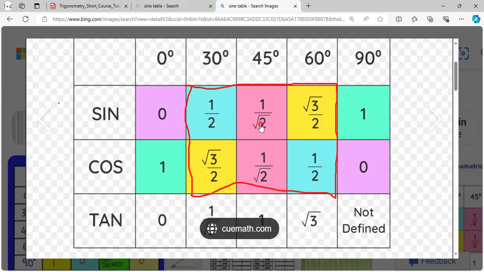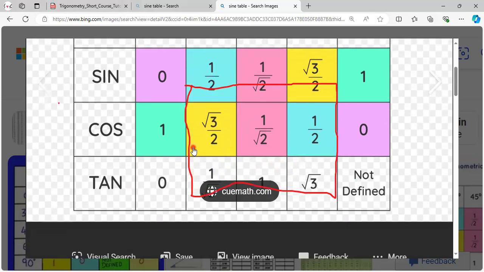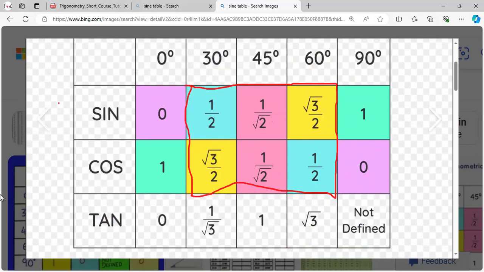Now we have learned how many similarities there are. We have discussed the two arrowheads and these three values. But you have to manually remember the tan values, because tan 30 is equal to 1 divided by square root 3, tan 45 is equal to 1, and tan 60 is equal to square root 3, right?